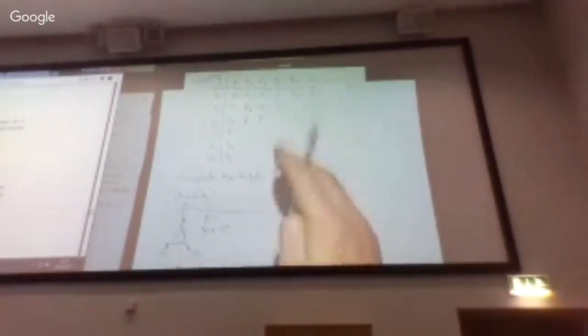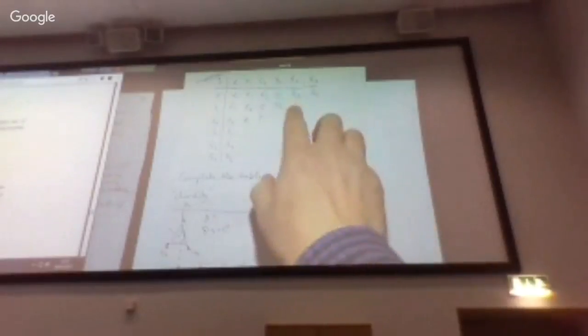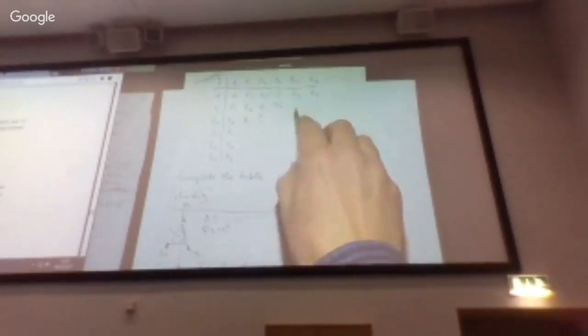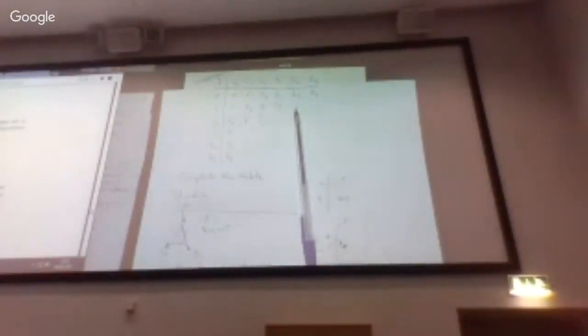Remember, R1 after S, so I'm now looking at the next position to the right. R1 after S2 is certainly not going to be S2, because we're performing S2 and then doing something slightly different. So it's not going to leave things the same as just doing S2. So that means this has got to be S1 or S3. Remember that R1 after S1 gives S3.